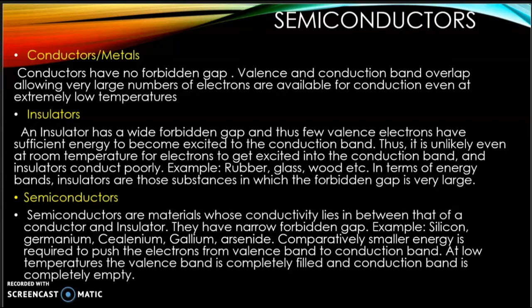Comparatively, smaller energy is required to push the electron from the valence band to the conduction band. At low temperatures, the valence band is completely filled and the conduction band is completely empty. What do I mean by that?